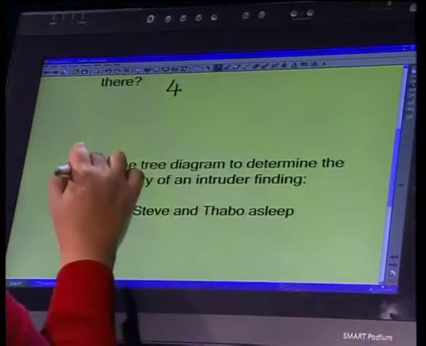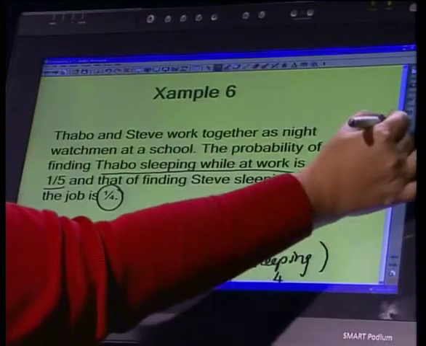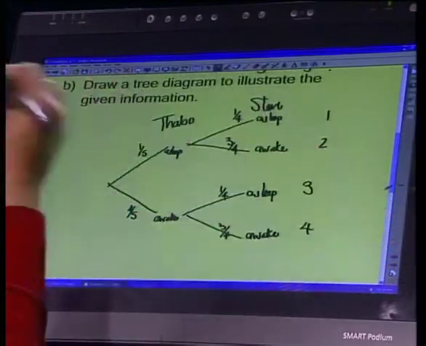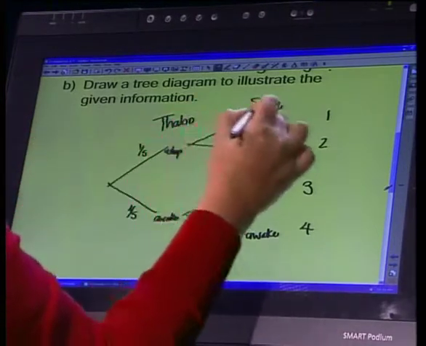The next one says, use the tree diagram to determine the probability of an intruder finding both of them asleep. So that's the most unsuitable scenario when you've got two watchmen. They both are asleep. So we need to go back to our tree diagram, and there was only one combination of them both being asleep, asleep and asleep. This is the top one here.